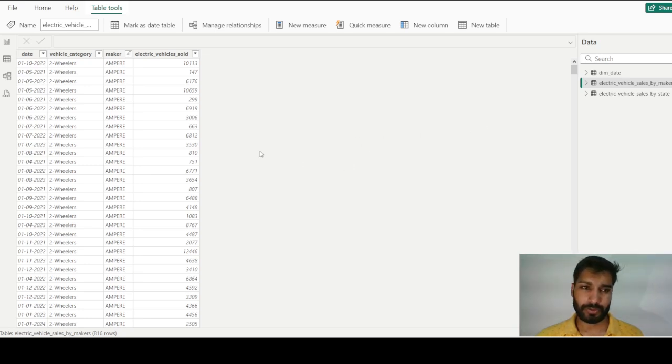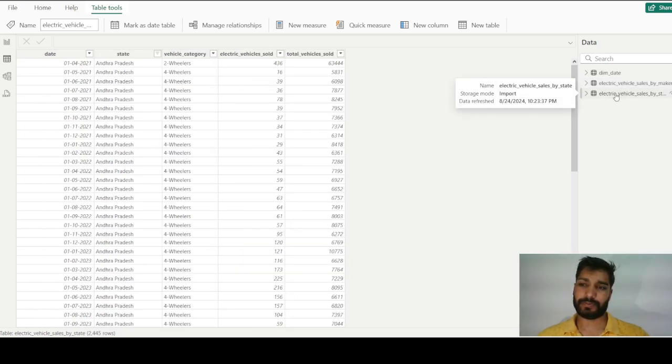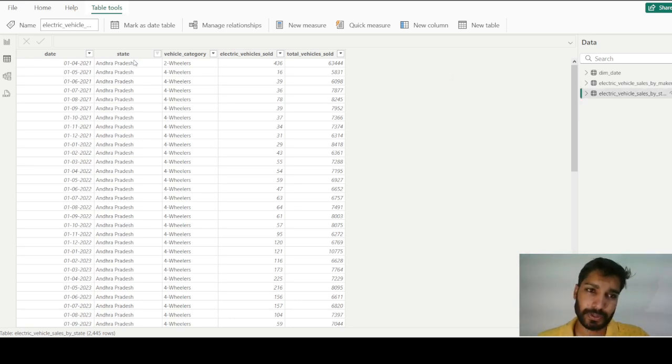First of all, we can see here we have three tables. This first one is about state-wise sales, and in state-wise sales we have a few columns like vehicle category, electric vehicle sold, and total vehicle sold.